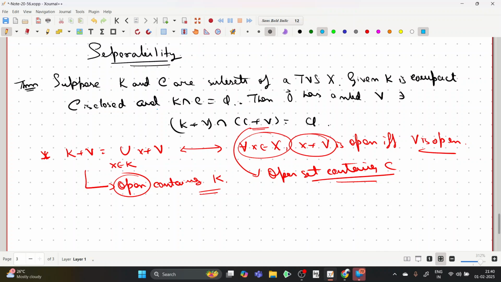So the main idea of this theorem is basically that we get hold of disjoint open sets, one containing K, which is a compact set, and one containing C, which is a closed set.